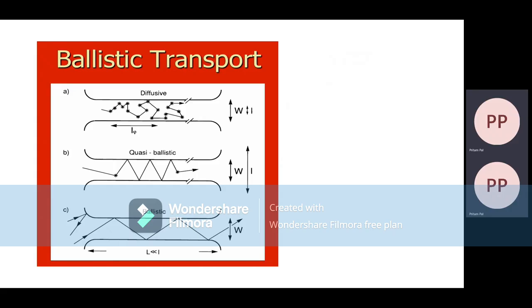The parameters that determine whether you are dealing with diffusive or ballistic transport are primarily the comparison between the mean free path L and the system size, the length and width. This is very important.